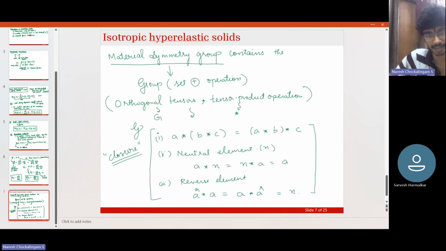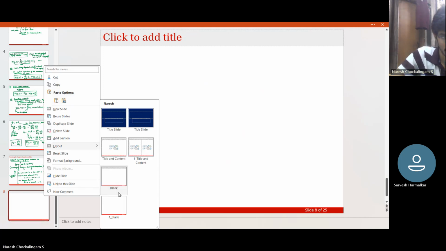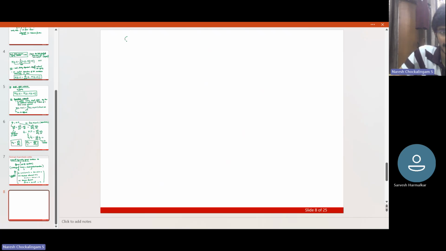You look at A operated on B operated on C. We can check all these for orthogonal tensors. Let us say Q1, Q2, Q3 are orthogonal tensors. Is it closed? Can we check if it is closed? And the operation star is the tensor product.